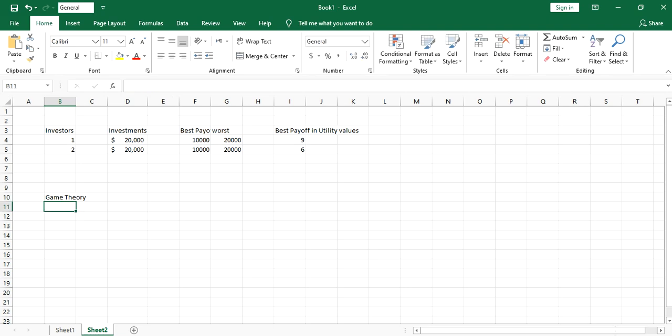So far, investor 1 has to decide about this investment. Investor 2 has to decide about this investment. But what about, let's say, McDonald's and Burger King?